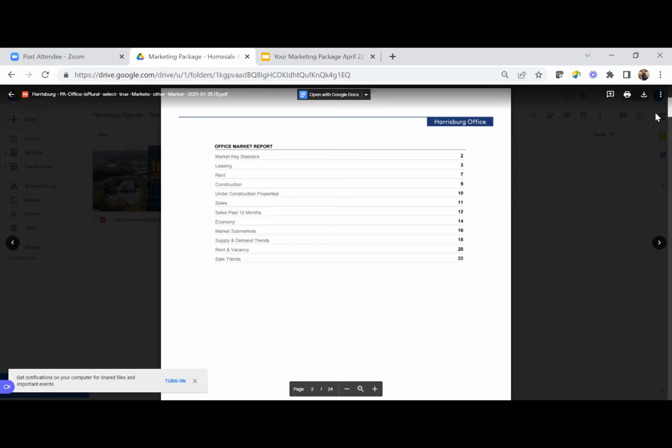These are all things that you're going to want to know if you're going to look at putting an office or a retail or, you know, any type of commercial property in a certain area. So you need to have these data points available for your clients, because this is the kind of stuff the buyers are going to look for when they are looking at specific locations. Okay, go to the next.